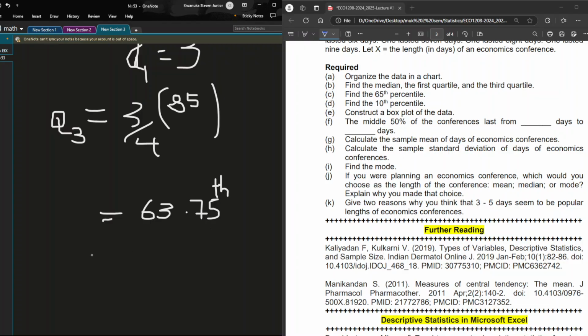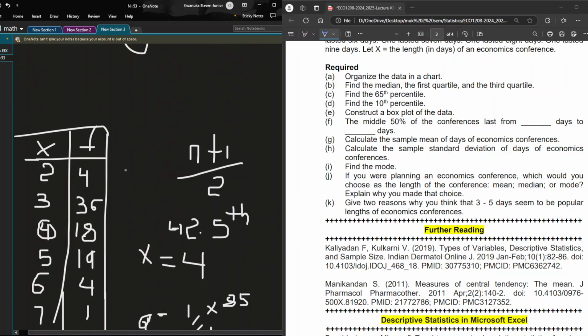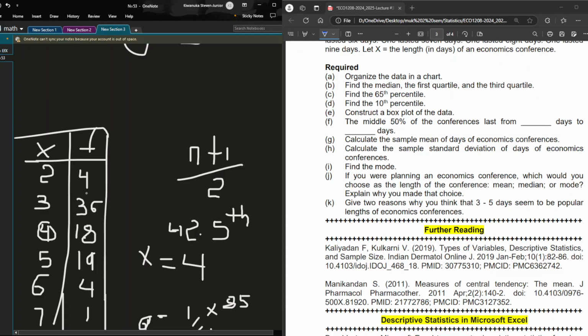Yeah, that calls for finding out where that frequency lies. So 40 plus 18, that is 58, and then plus 19, 77. That means it's falling in this range.